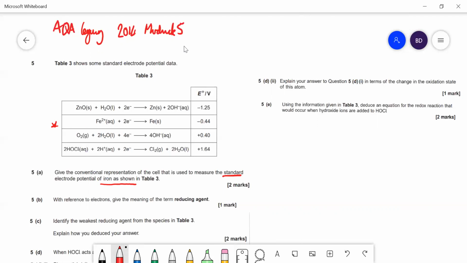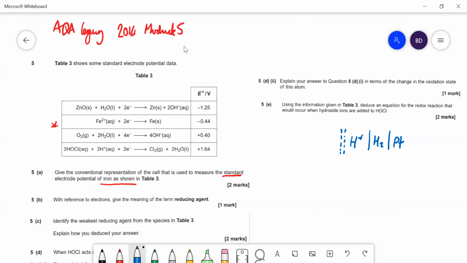And the standard hydrogen electrode is always the right hand electrode. So there's my salt bridge. For the standard hydrogen electrode, you have the oxidized species next to the salt bridge, so it's H+ (aq), then a phase change for H2, which is a gas, and you will need platinum to make the connection as well.